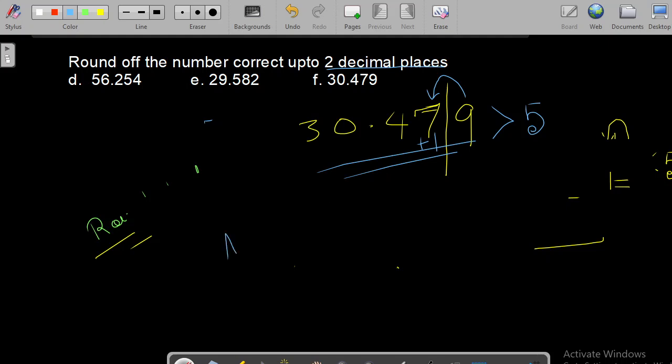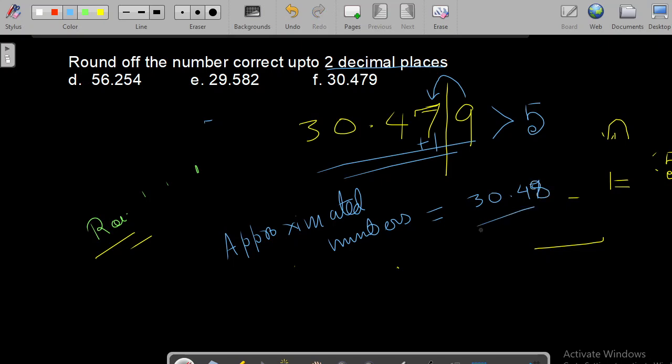So the approximated number becomes 30.47 plus 1, which is 30.48. This is the correct approximation after approximating it up to two decimal places.